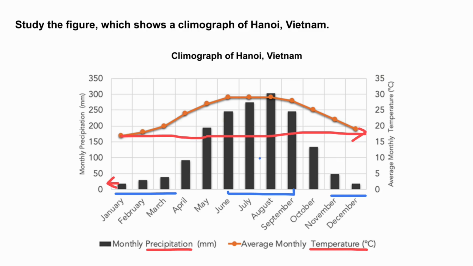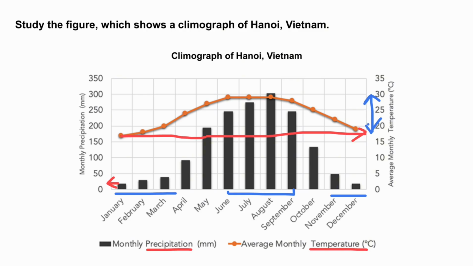Moving on to the temperature. What are things that we can take note of? Generally, Hanoi has pretty high temperatures between this range, about a 10-degree range here, about 17 or 20 all the way to almost 30.